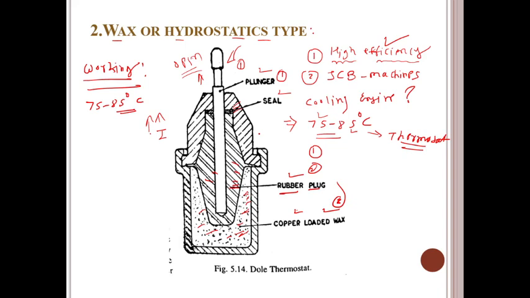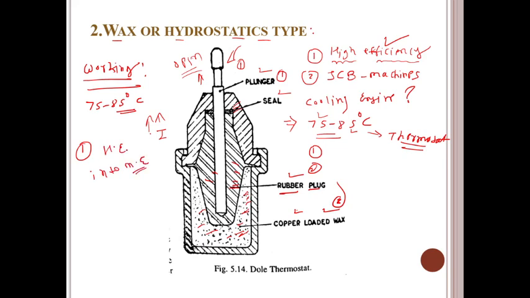The wax type thermostat transfers heat energy into mechanical energy; there is an energy conversion here, thermal energy into mechanical energy, meaning the plunger is moved.